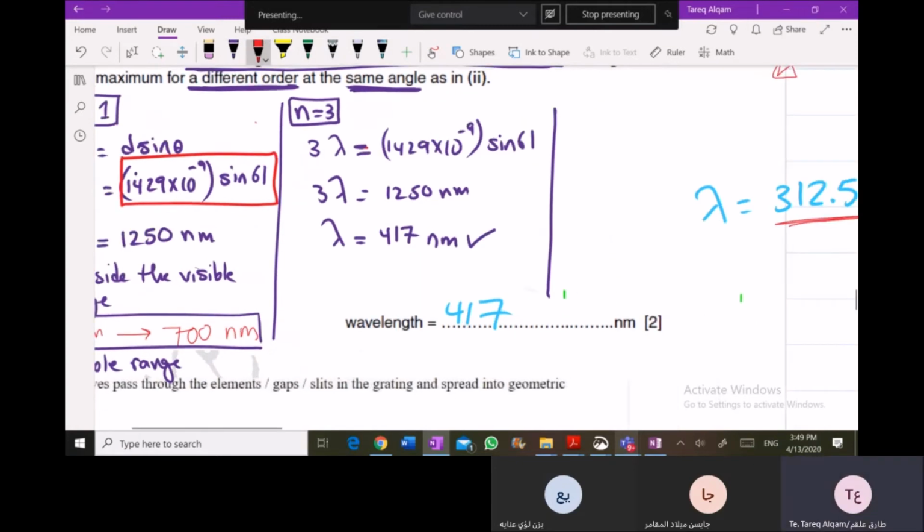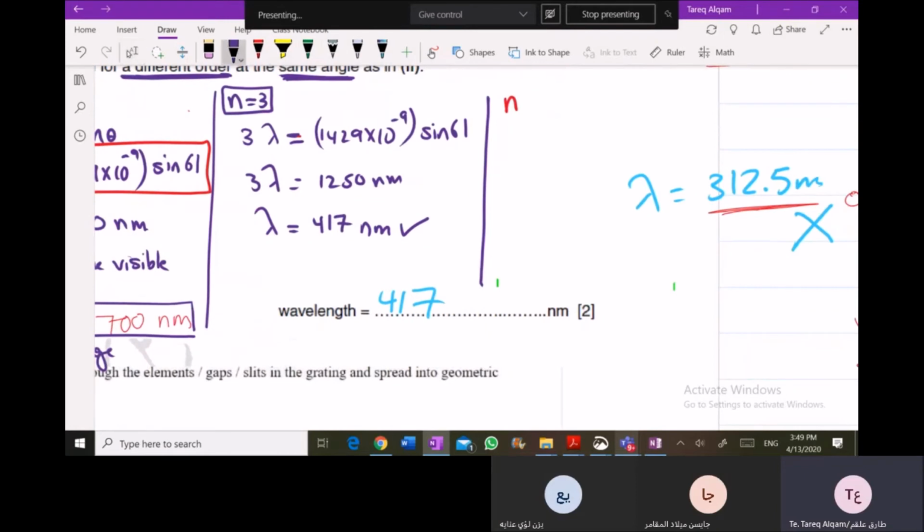Now I have to double check by taking another order, n equals 4, because I want to check that this is the only answer. Same thing, guys. 4 lambda equals d sine theta.